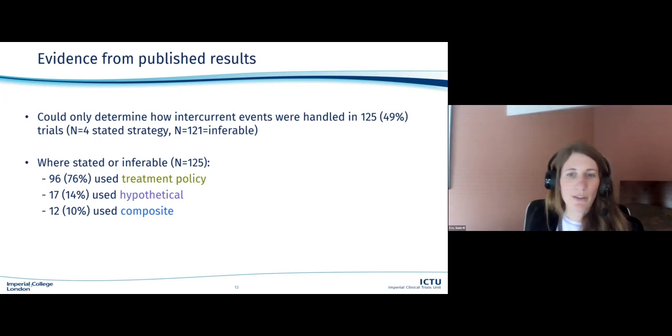I think it's worth further highlighting that of these 17 trials that used a hypothetical strategy, only 2 stated that they were actually looking at the treatment effect in a hypothetical scenario. So for 15, we had to use statistical knowledge to pick apart and unravel the hypothetical strategy from the statistical methods.